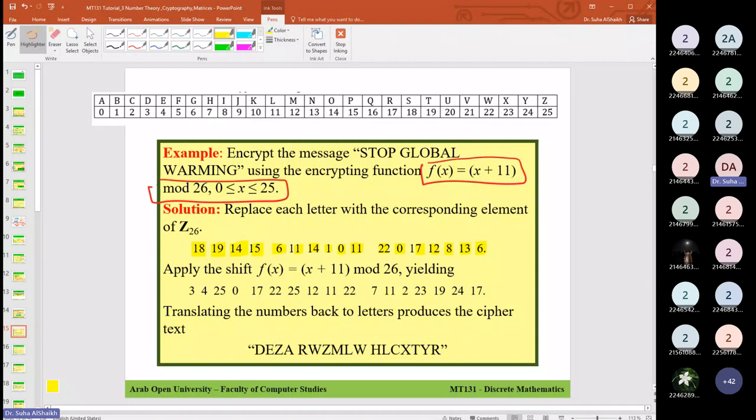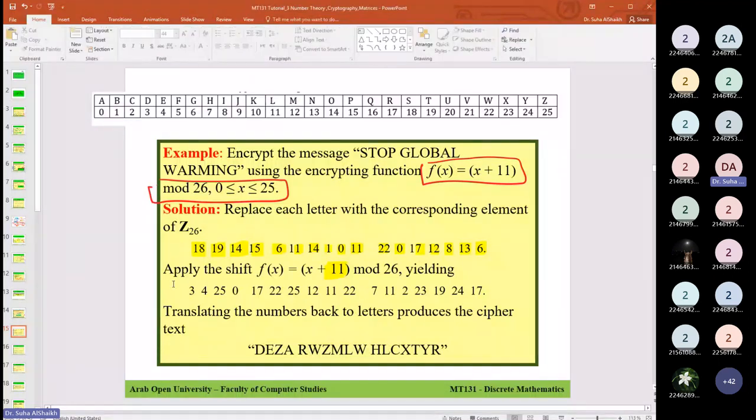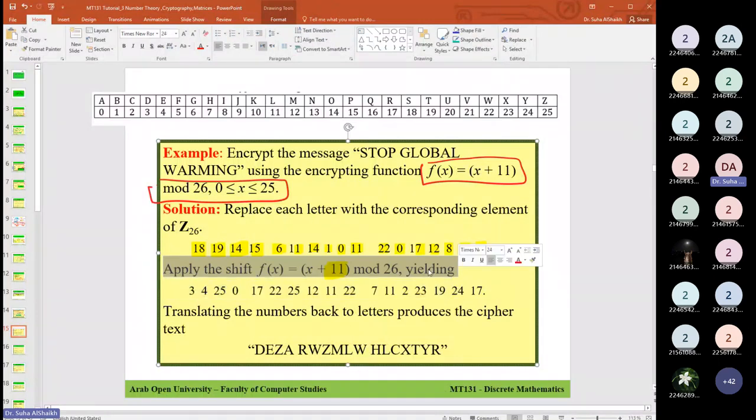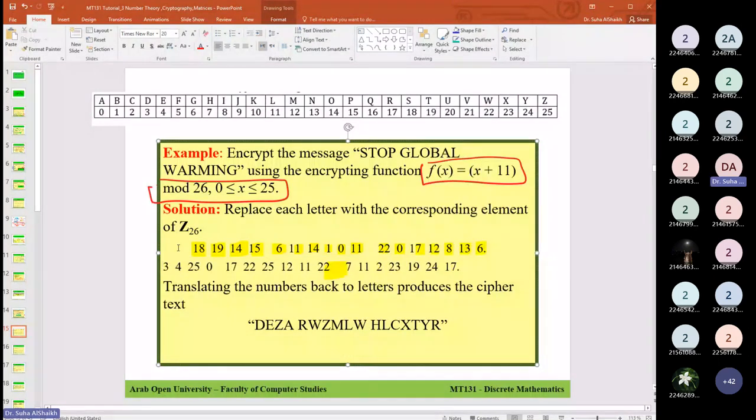Second step, we're going to apply our function, which is adding 11. So I'm going to apply my function in here, adding 11. Let's see what's happening here.